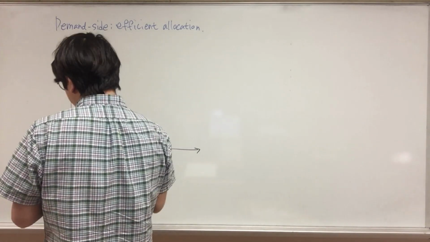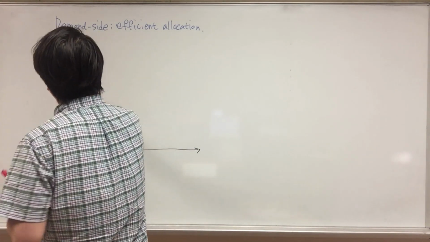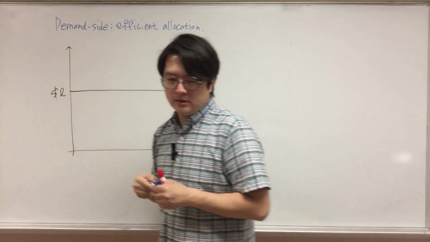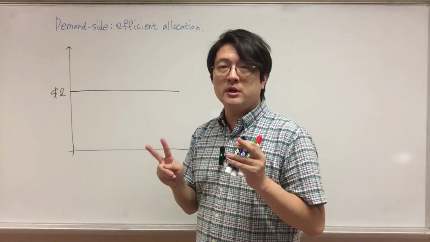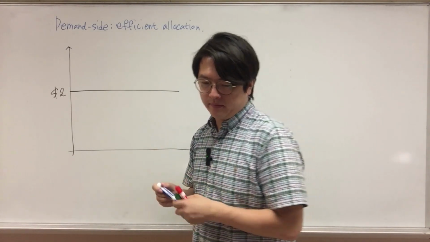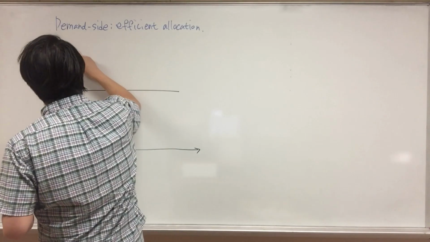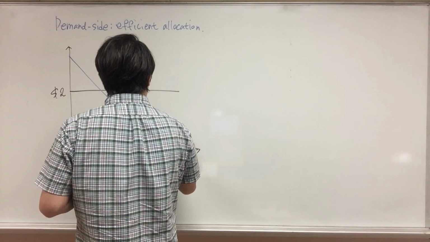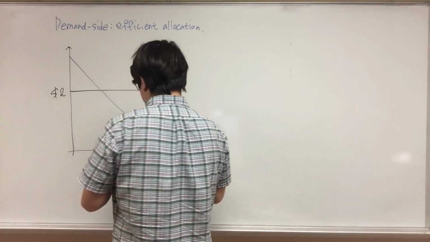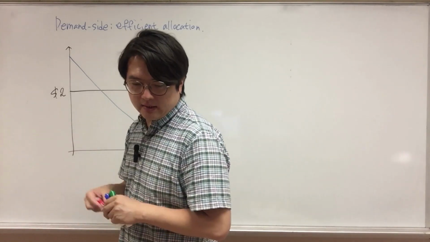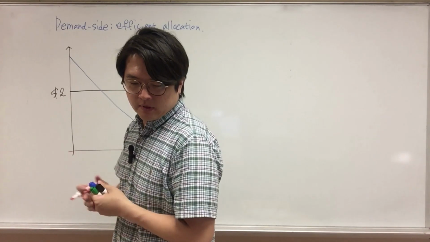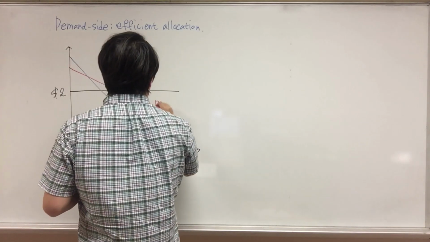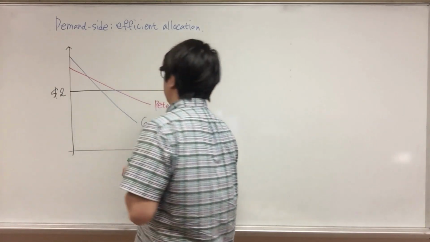But there are two people. As we know, the market price is $2, and we have two demand curves. One is the Gabriel demand curve, and another one is the Peters demand curve.